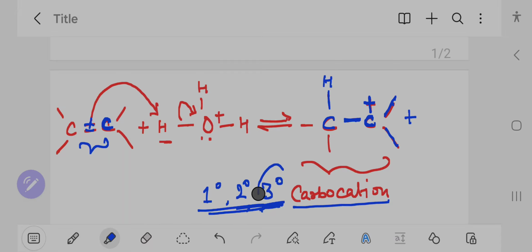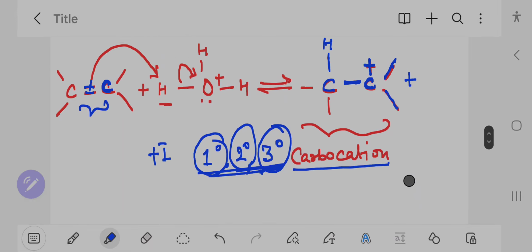The order of stability will be tertiary, then secondary, and then primary, due to the plus I effect of these carbons.